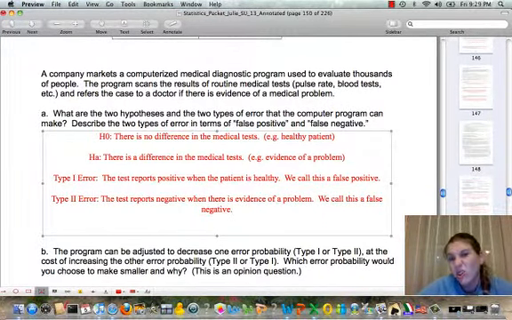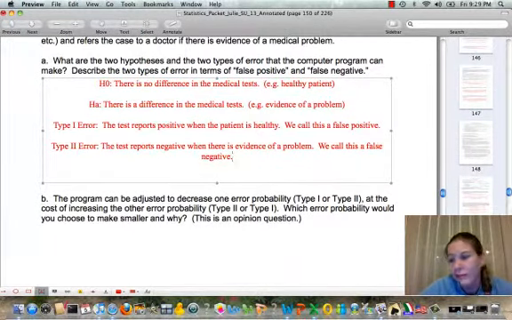So medical tests are a good example of thinking about false positives and false negatives. Other good examples would be pregnancy tests, or if you're checking a battery, right, and it tells you whether the battery is still good or not, right? It could tell you incorrectly.